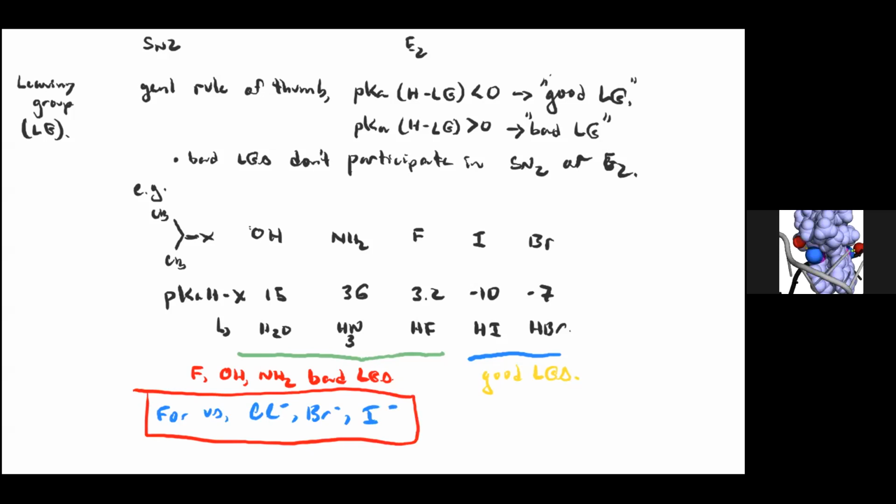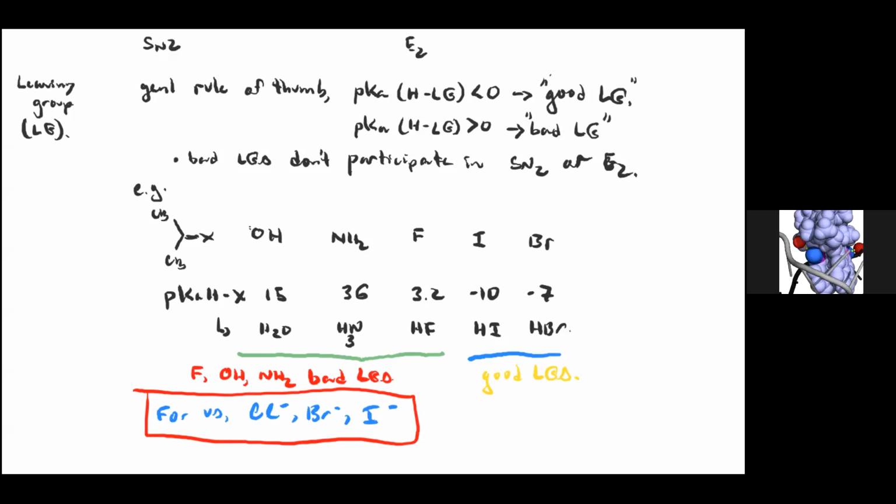And then the final bit is the relative ability of the leaving group. So if it is a viable leaving group, how easy is it to displace or eliminate it? And the answer is, again, follow the pKa's of the conjugate acid.